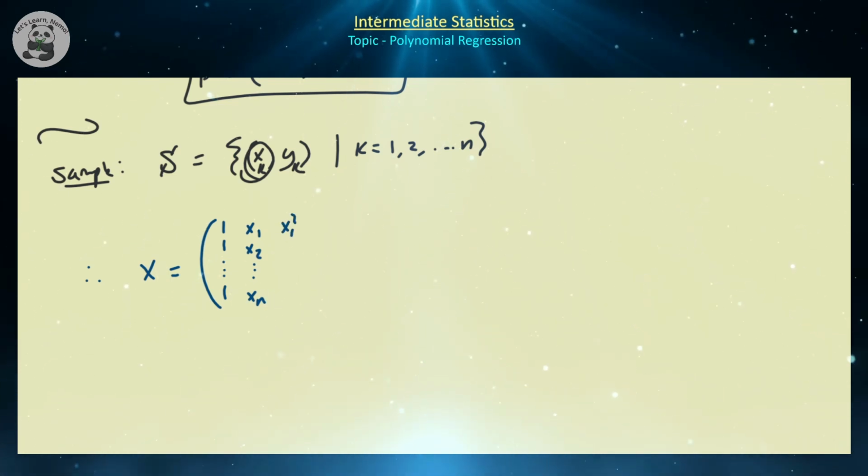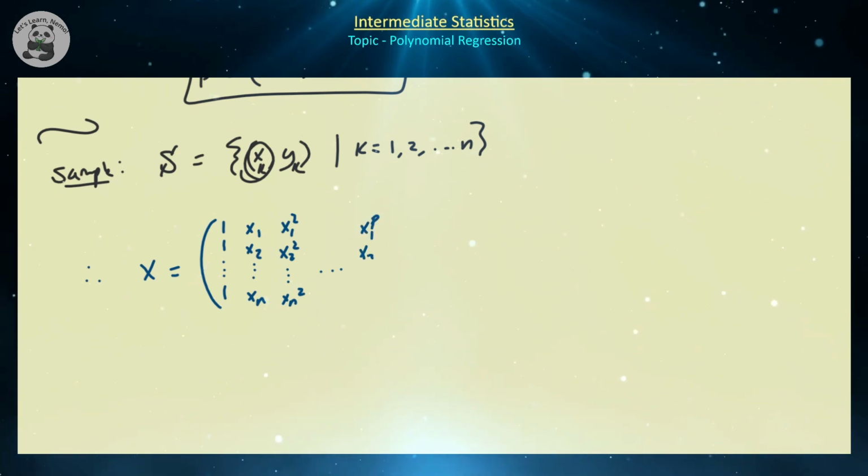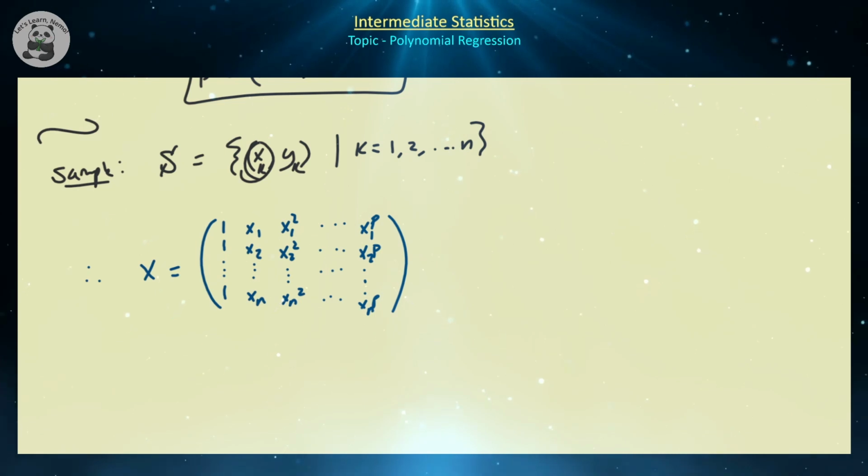So this is going to be x1 squared, x2 squared, all the way down to xn squared, and obviously this is going to extend all the way down to x1 to the power of p, x2 to the power of p, all the way down to xn to the power of p for our design matrix X, which obviously still is an n row by p plus 1 matrix.